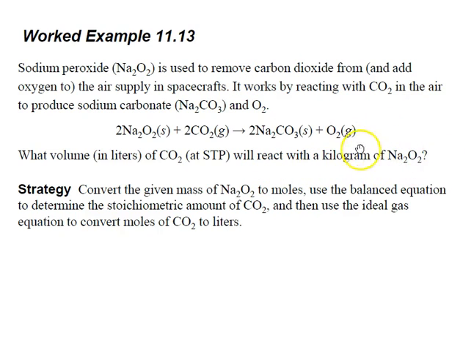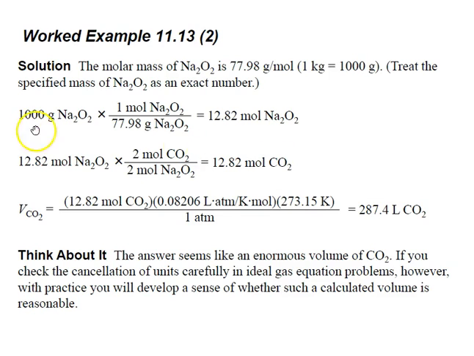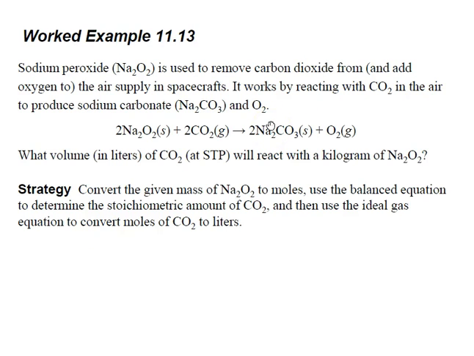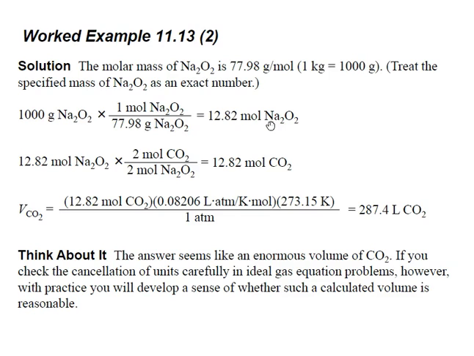So this is our starting point, 1 kilogram. So 1 kilogram, 1,000 grams, those are equivalent. And then we want to cancel out our grams. This gives us our moles of the sodium peroxide.